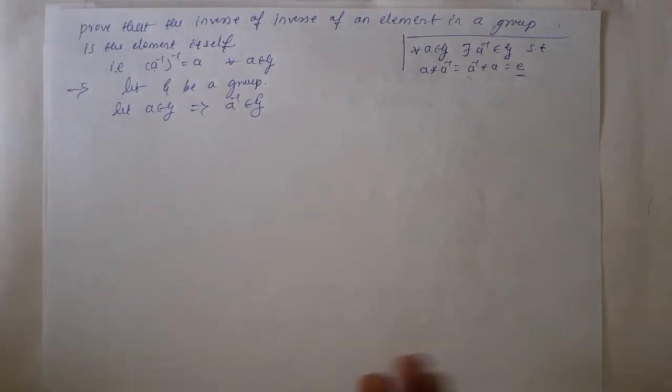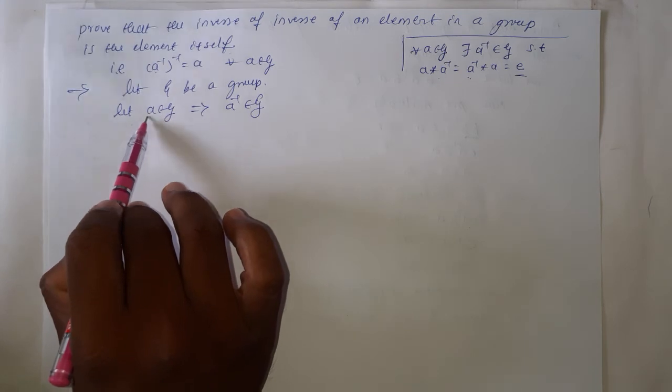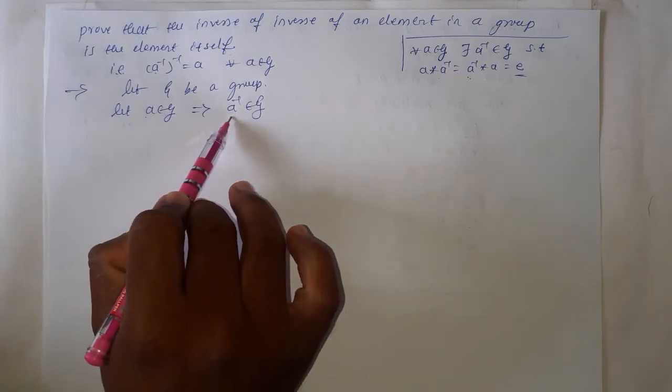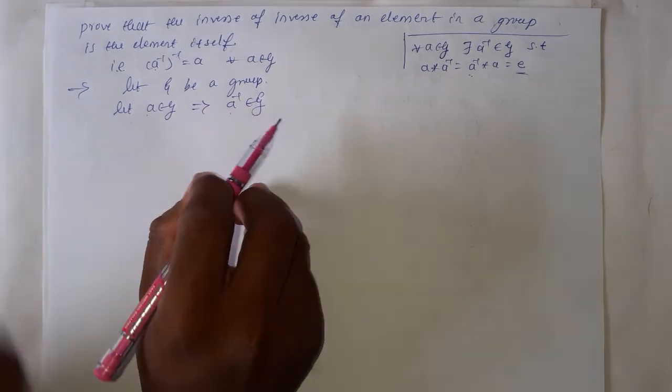So since A is an element of G, it has to possess an inverse, which is given by the element A inverse, which is also in G.